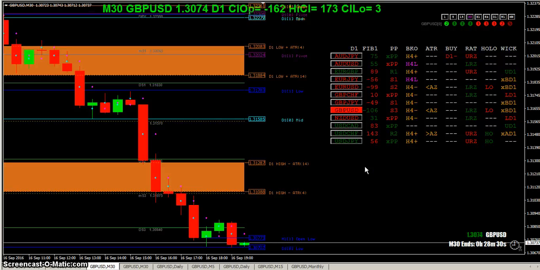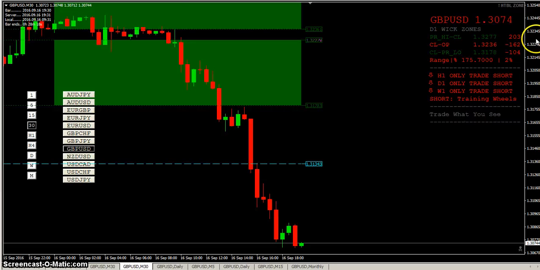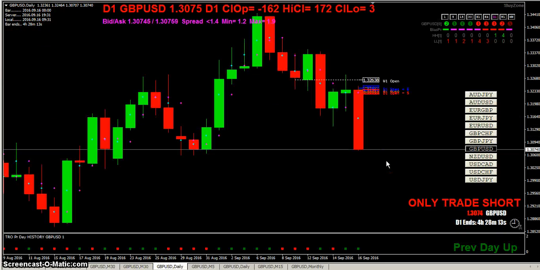What I do is I just sit here and stare at this screen, and when I see a trade come on, I'll flip over to one of my trading charts, the appropriate one. This would be a wick zone trade. This here would be a buy zone trade.